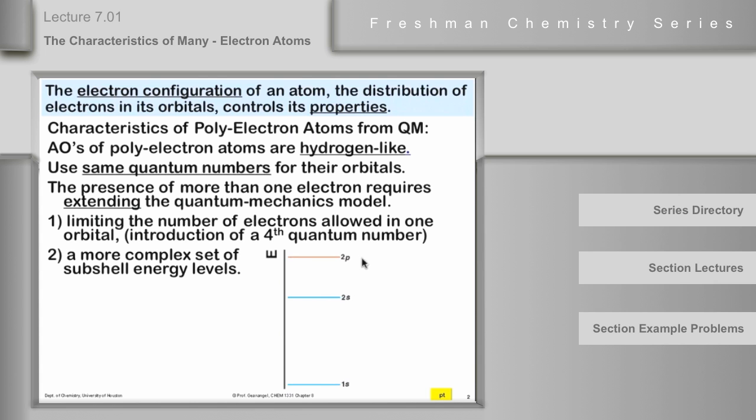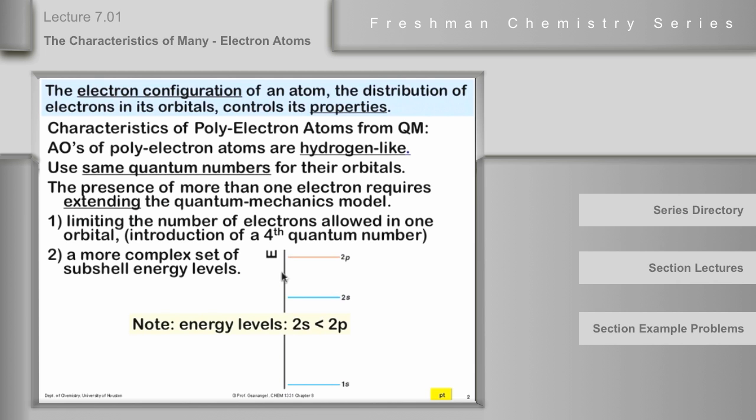But the 2s and the 2p have different energies, and the s is lower energy than the p. The 2s is lower than the 2p. And for every shell, then the subshells will have an energy difference where S is below P, is below D, is below F. So it's always S, P, D, F for each shell.